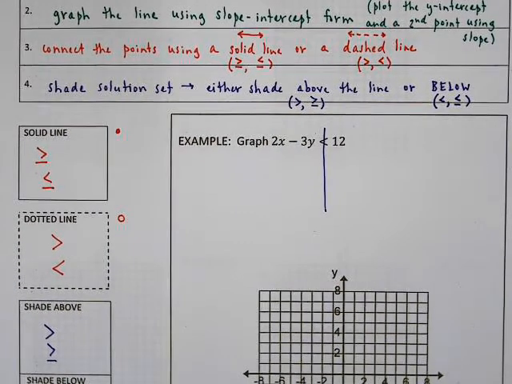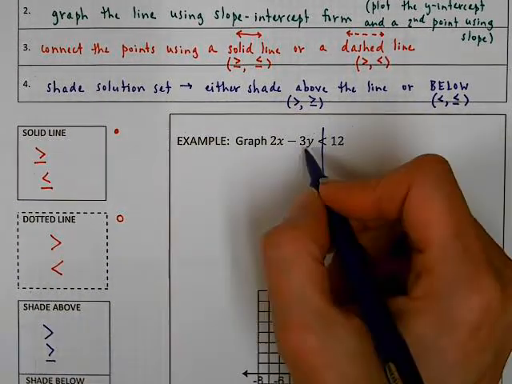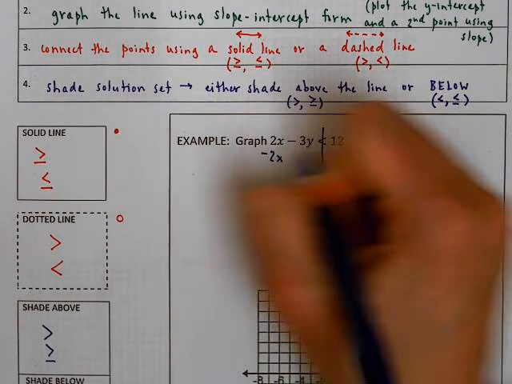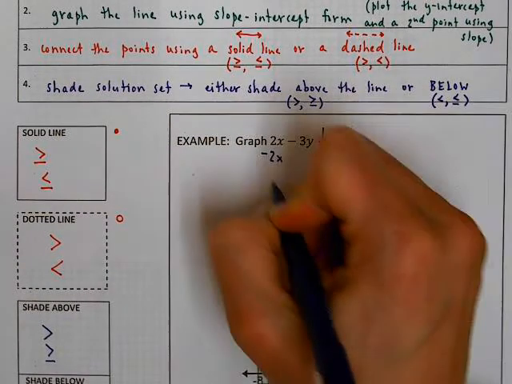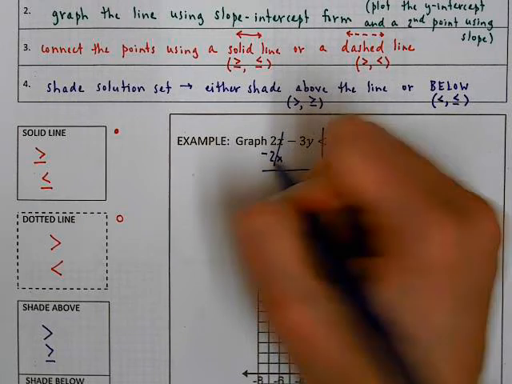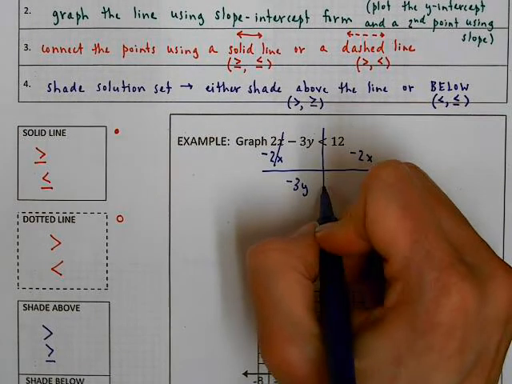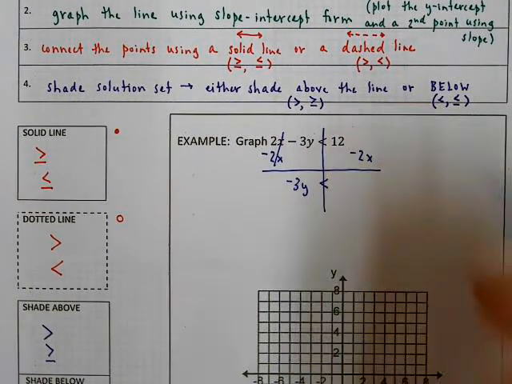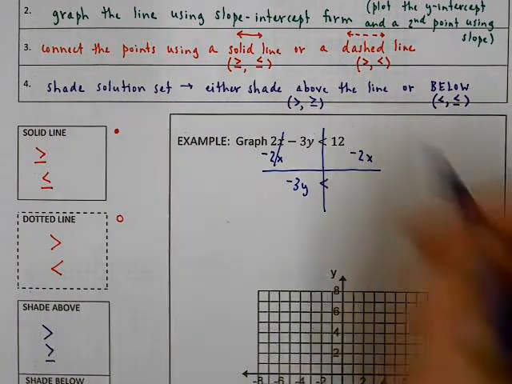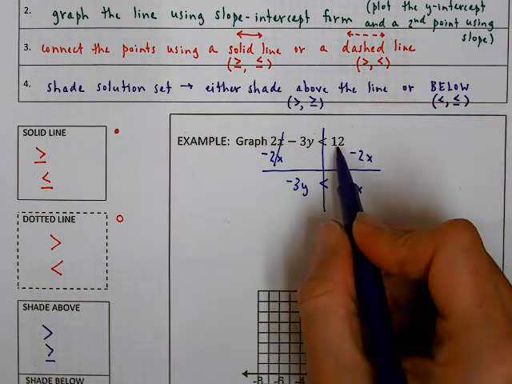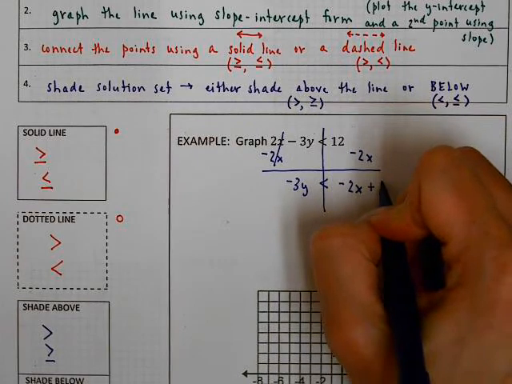So this goes back to chapter 2 again, thinking about how I get y by itself. So the first thing I need to do is move this 2x over. So when I do that, these cancel. I'm left with a negative 3y. I subtracted, so my inequality symbol does not change. Now I'm going to grab my negative 2x, and since this is a positive 12, I'm going to have plus 12.